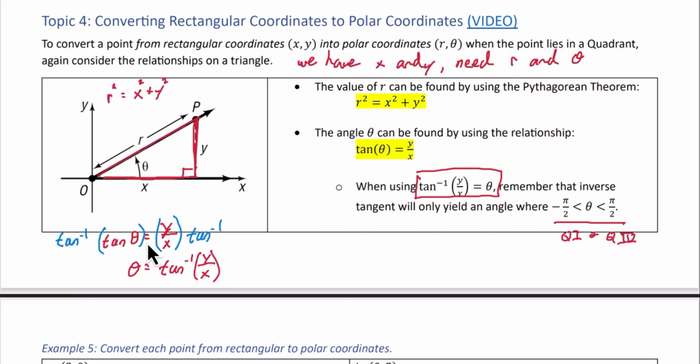So if our point lies in one of the other quadrants, if the point is in Q2 or Q3, we'll have to do a little bit of work. Essentially, we will just add pi to theta to get the appropriate value that we need. And that'll make sense once we dive into some examples in just a moment.